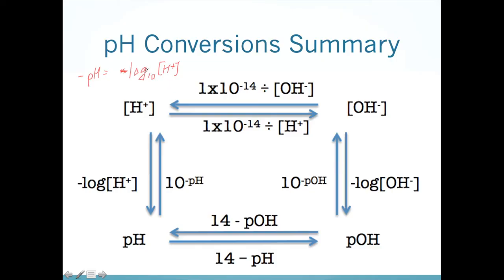Well, the opposite of a log base 10 is 10 to the power of. So if I take both of these terms and put them as exponents to a base of 10, so 10 to the power of negative pH and 10 to the power of log base 10, well, that cancels out. And so I have just H plus is equal to 10 to the power of negative pH. And that's what I've done here. And of course, a similar setup for OH minus.